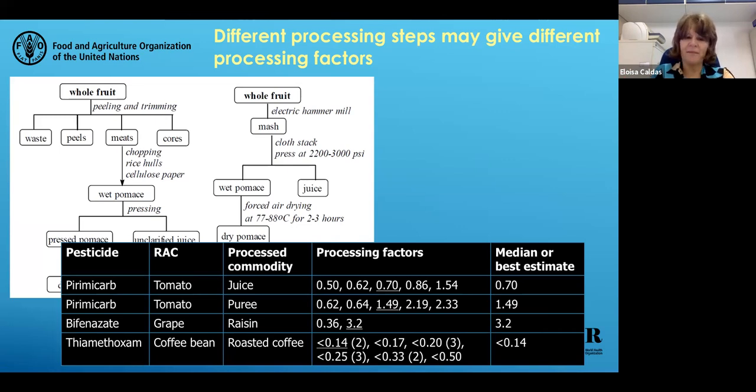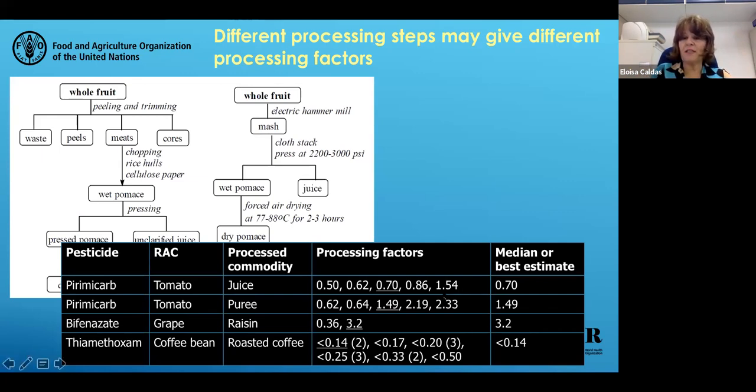So you go to the study and see if there was something weird in the study that would make you disregard that trial. This result here came from a processing factor study, not a trial in the strict sense of the word as we've seen here, but a different study.